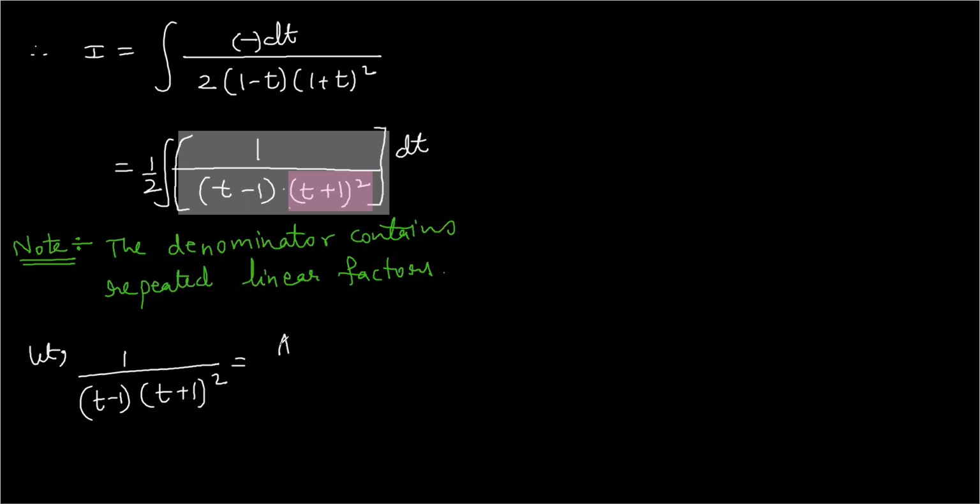I will write this as a upon t minus 1 plus b upon t plus 1 plus c upon t plus 1 square. This is important. Learn it: a upon t minus 1 plus b upon t plus 1 plus c upon t plus 1 square. This is to be learned.